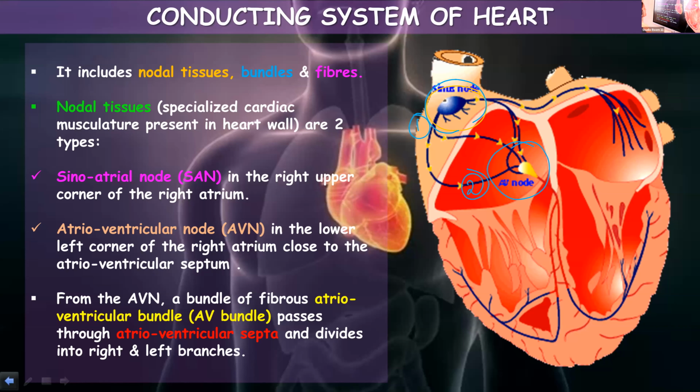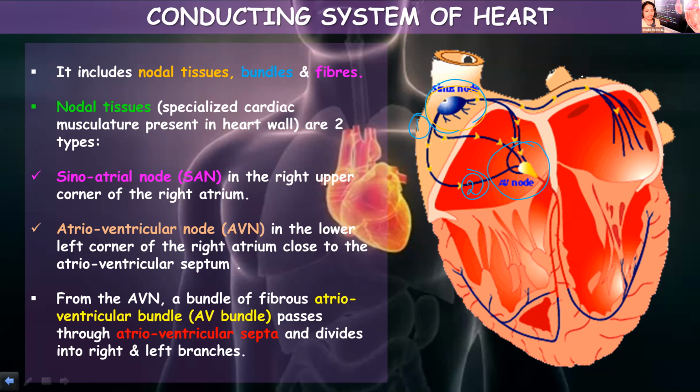The conducting system of the heart consists of nodal tissues, bundles and fibers. All these three together help in the proper functioning of the heart. Starting with the first one, nodal tissues. Nodal tissues are a mass of specialized cardiac muscles present in the heart wall.